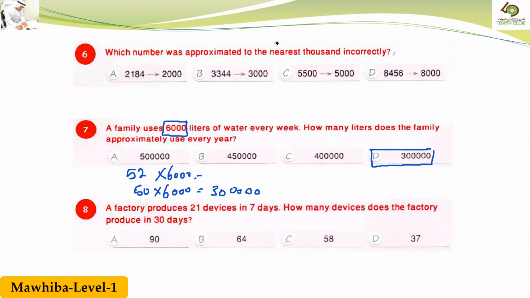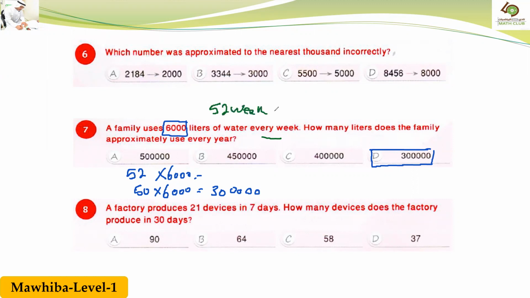Yes, that's fine. Okay, I will explain again. See, my students, pay attention please. I think maybe the math section is difficult for you. Don't worry, I want you to understand everything. A family uses 6,000 liters of water every week. How many liters does the family approximately use every year? In a year, we have 52 weeks.